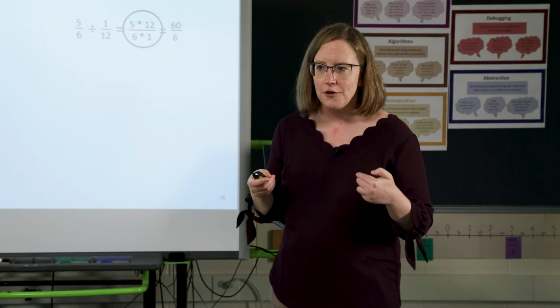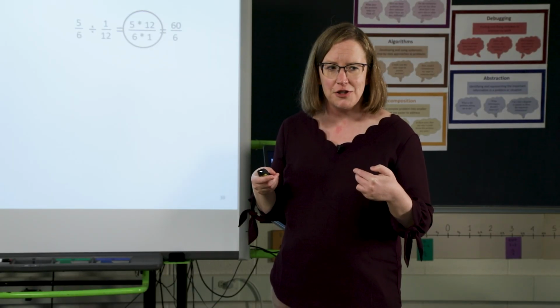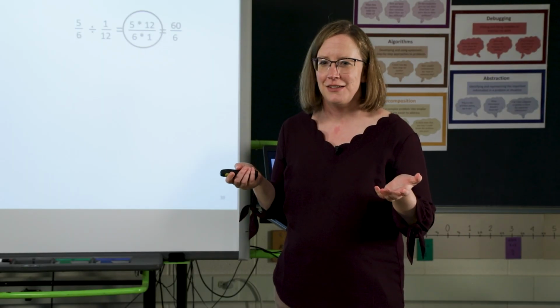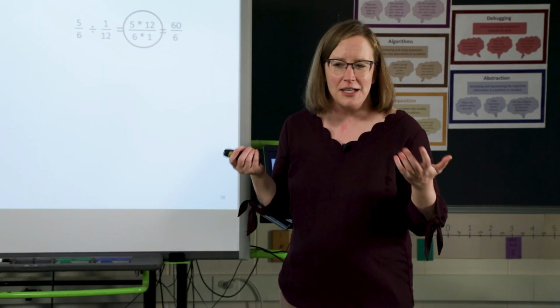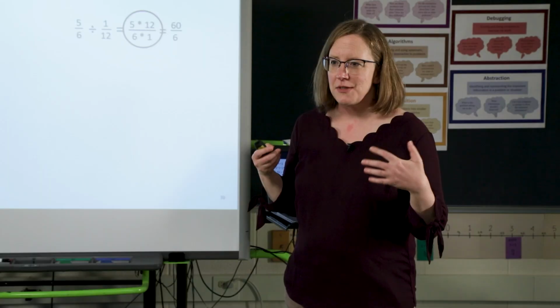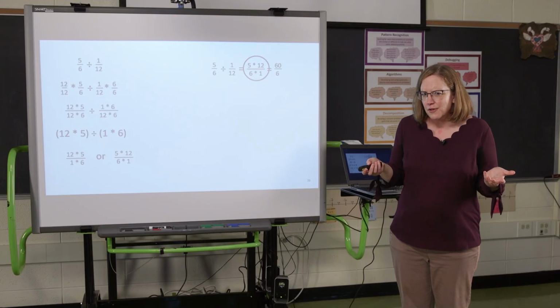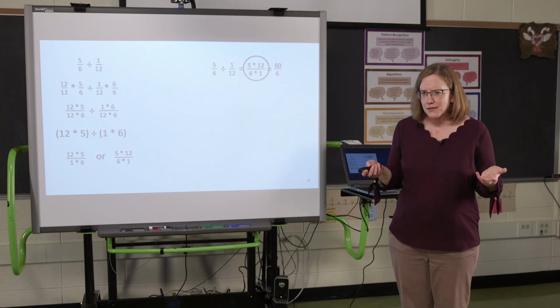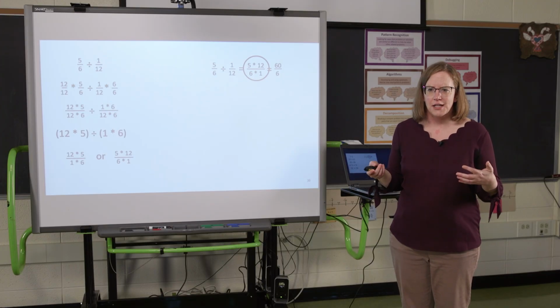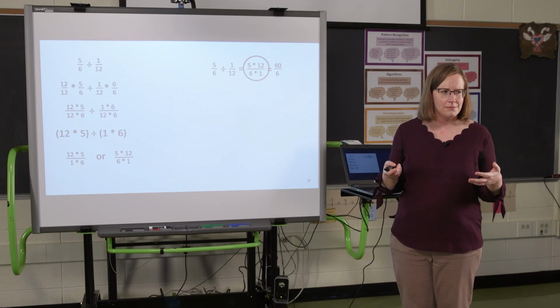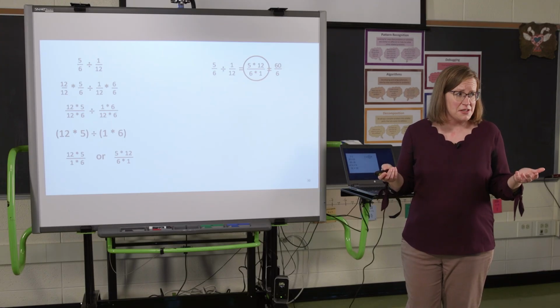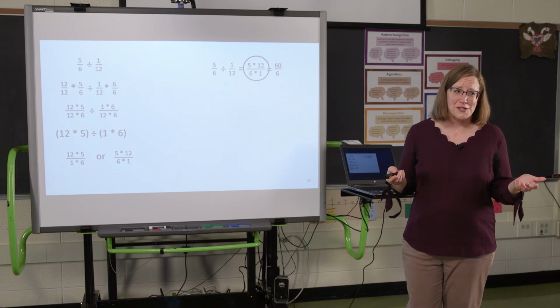When you're using that algorithm you developed, you're actually just taking a shortcut. It's like finding common denominators and dividing, but taking a shortcut to get there. So if you ever forget what the fraction division algorithm is, you can always just go back to finding a common denominator and dividing. You're going to get the same answer. It's just going to take you a few more steps to get there.